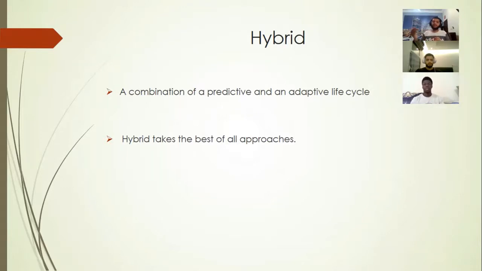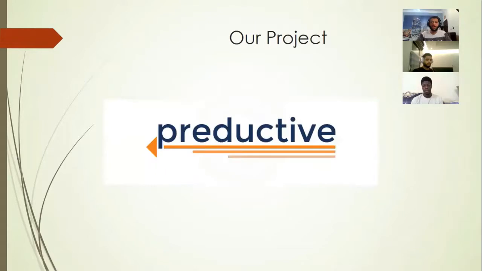So as a professional manager, you will see what's the best approach for your project and go through the phases or the pattern with the approach that you choose. And for our project, we think that the predictive approach is the suitable approach for our project.